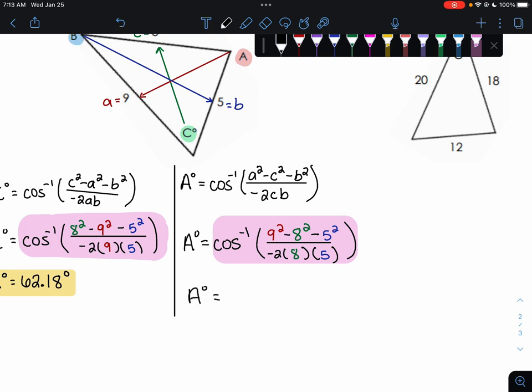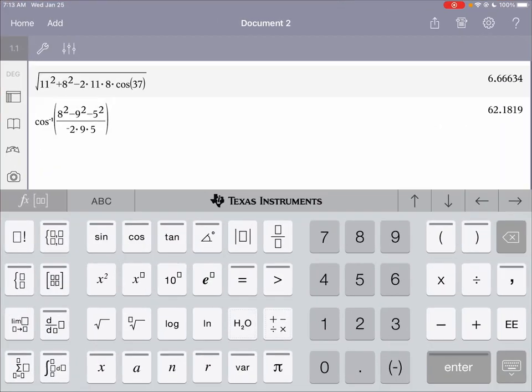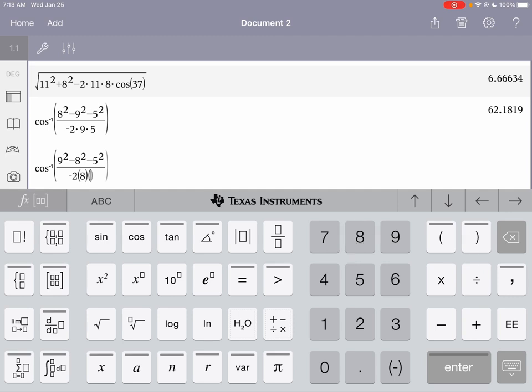So I'm switching over to my calculator. I have cosine inverse of my fraction. I have 9 squared minus 8 squared minus 5 squared all over negative 2 times 8 times 5.